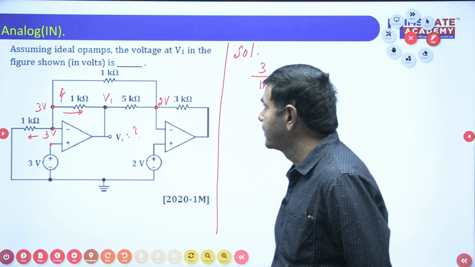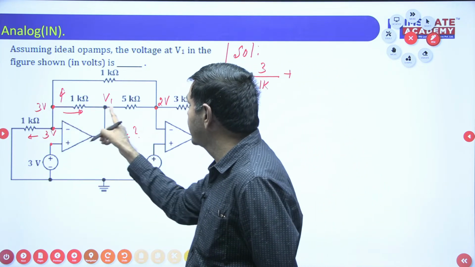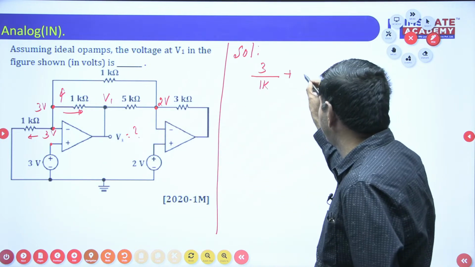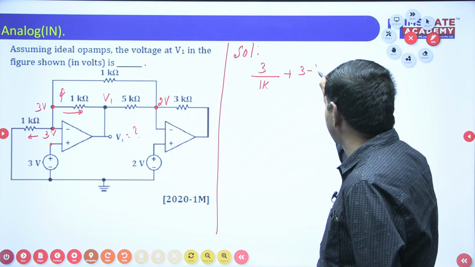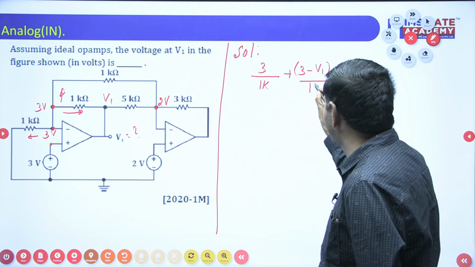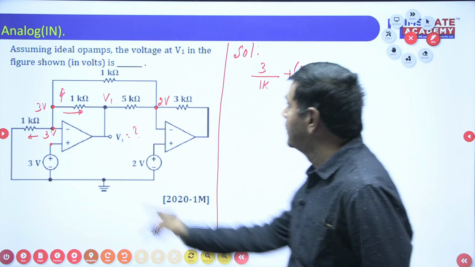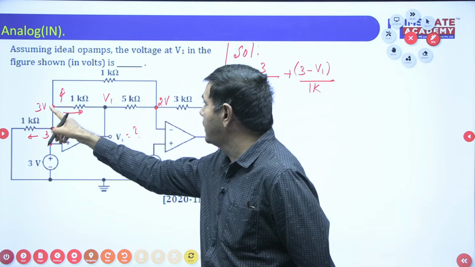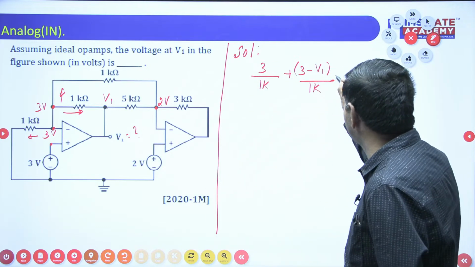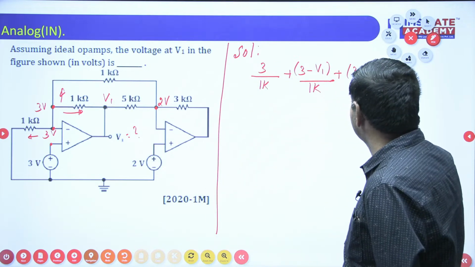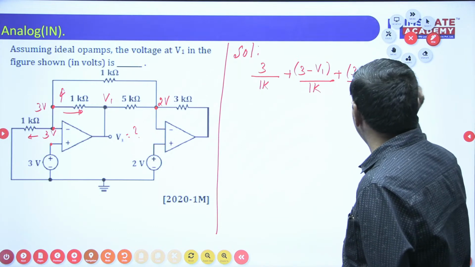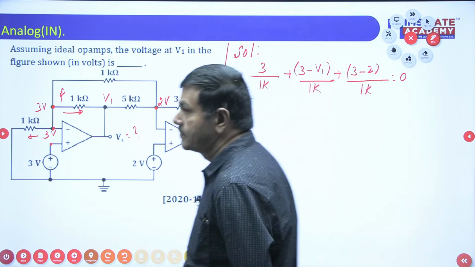Plus 3 minus V1 by 1K, this side current. This current is nothing but 3 minus 2 by 1K I can write. That equal to 0 only now.